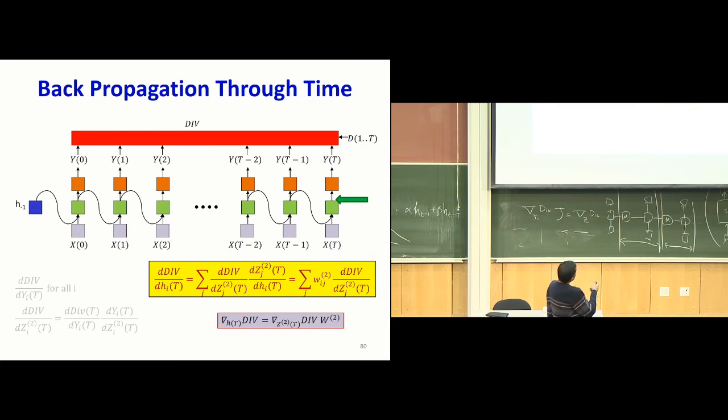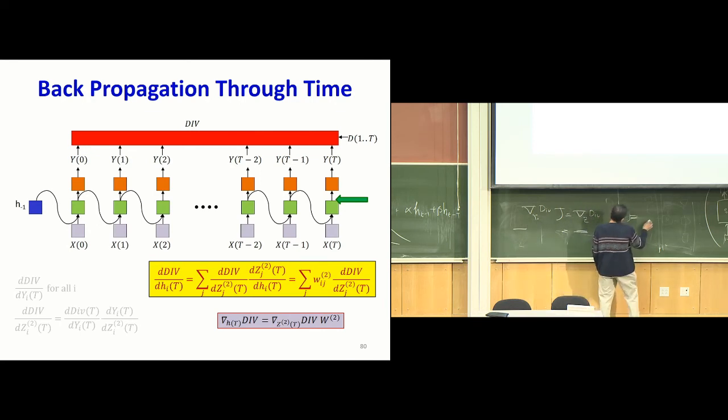No, I don't have an activation function between here and here, right? So what would I be multiplying that by? Just the weights, right? Because now I have the derivative of the divergence with respect to z, which is a row vector.